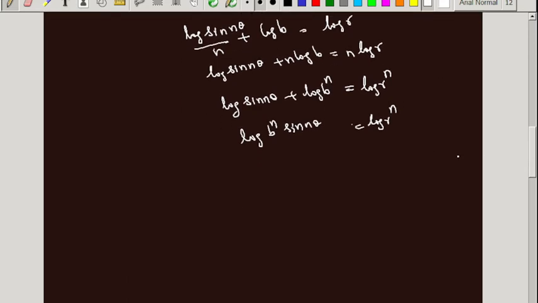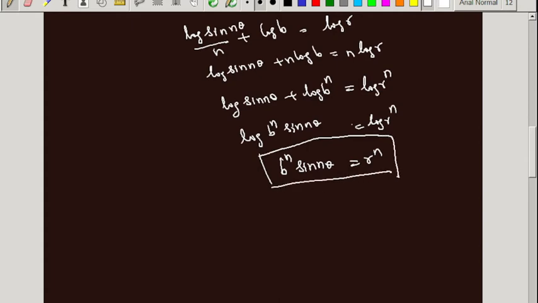Now both sides have log terms, so we can write b power n into sin n theta equal to r power n. This is nothing but the orthogonal trajectory for the given curve r power n equal to a power n cos n theta.